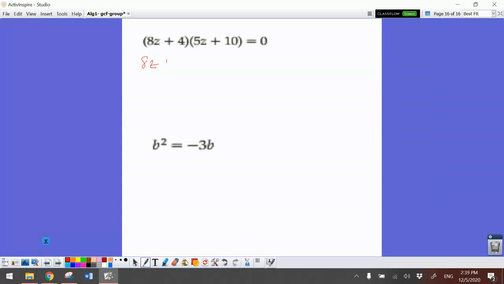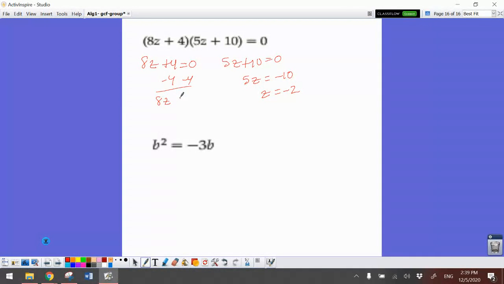So 8z plus 4 equals 0. 5z plus 10 equals 0. 5z equals -10. Z is going to equal -2. What about the other one? I need to move my 4.